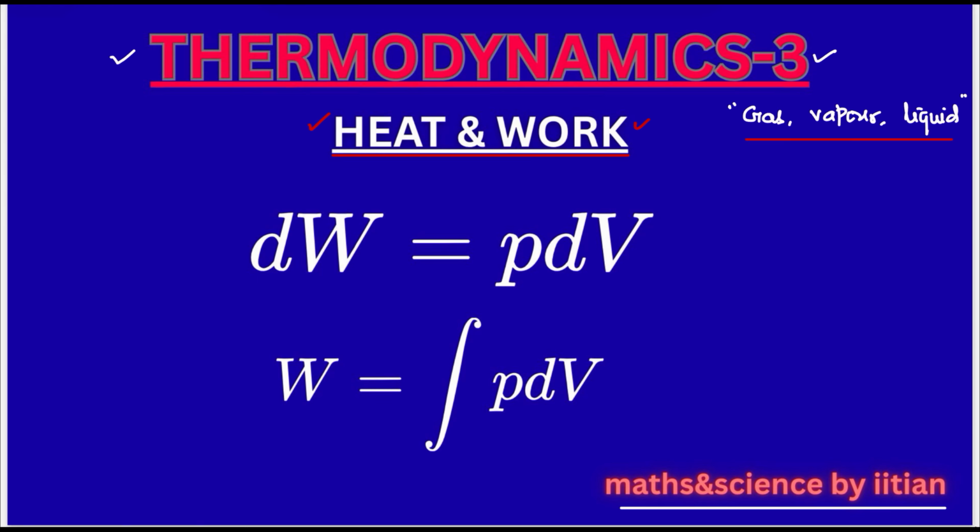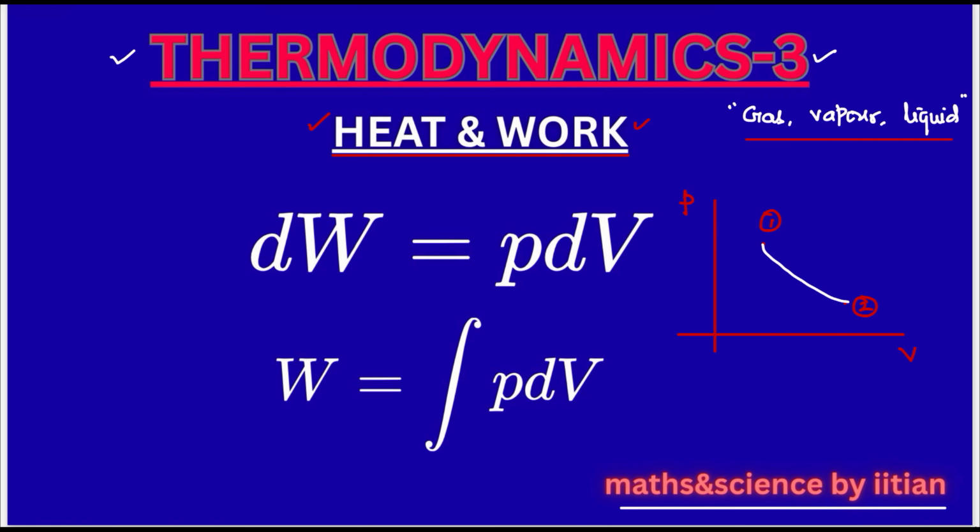And the continuous process diagram will be like this. If it is V volume, if it is P, then from state 1 to state 2, if the process is reversible, the diagram will be continuous like this.